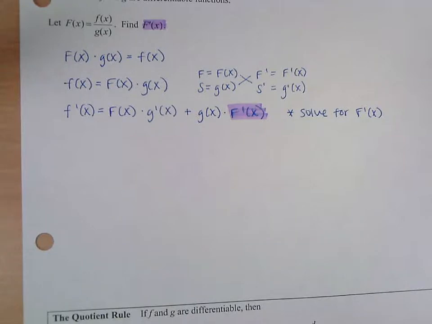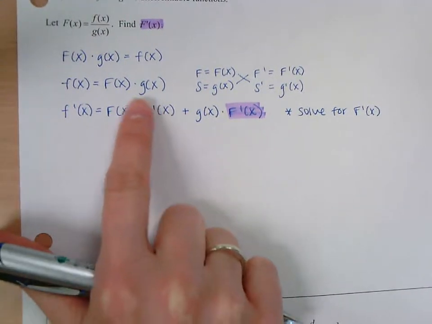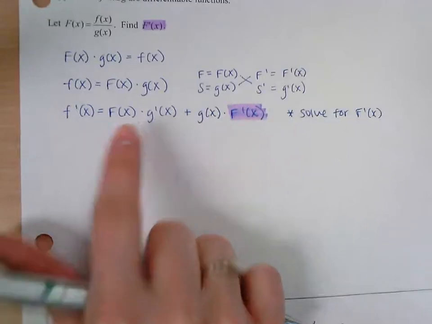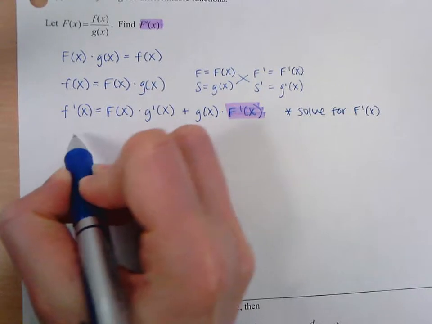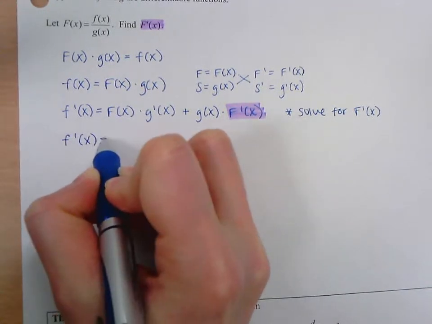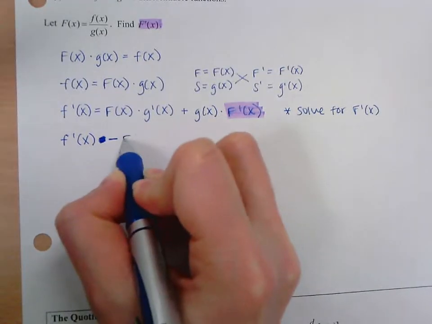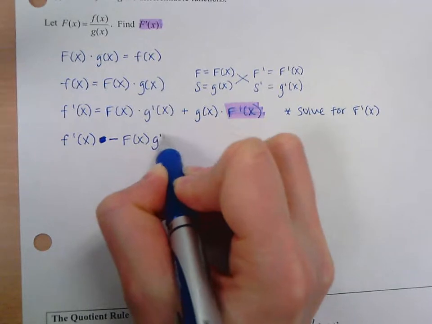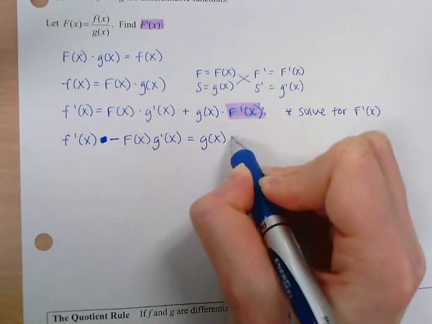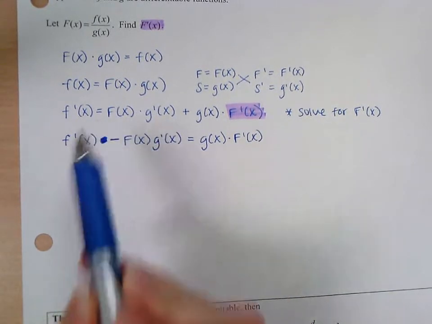So to do that, I would need to subtract this quantity, subtract this product. So that would get me little f prime of x minus this, and that would equal g of x times capital F prime. So I just subtracted this quantity to the other side.